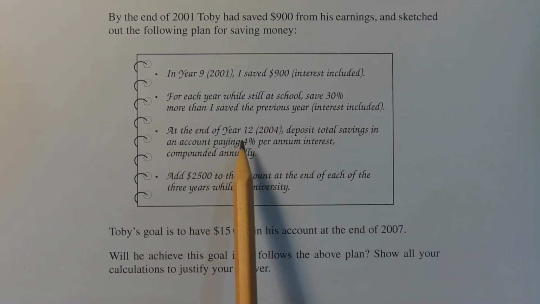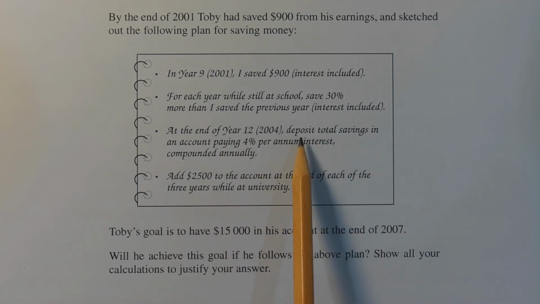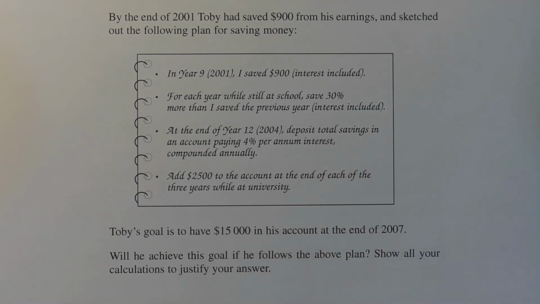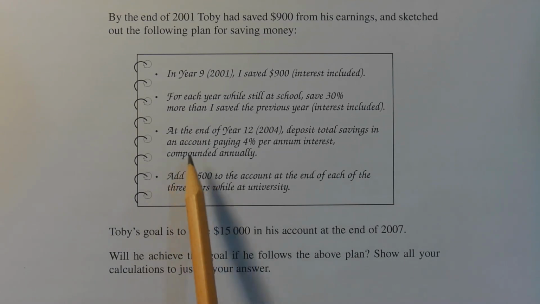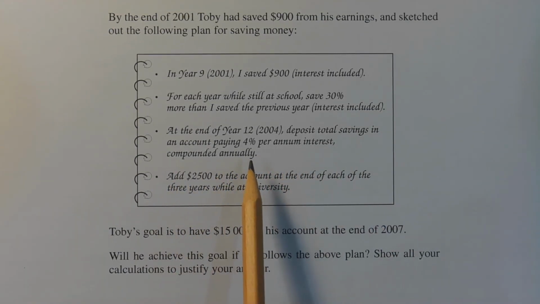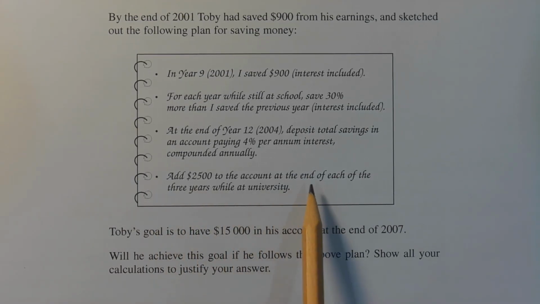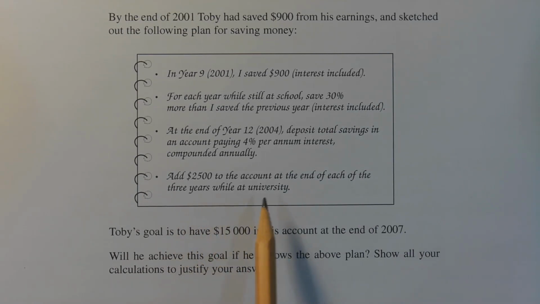At the end of Year 12, which corresponds to the year 2004, deposit the total savings, in other words, all the savings from Year 9, Year 10, Year 11 and Year 12, into an account paying 4% per annum interest compounded annually. And then add $2,500 to the account at the end of each of the 3 years while at university. And Toby's goal is to have $15,000 in his account at the end of 2007, which corresponds to the end of his university course.